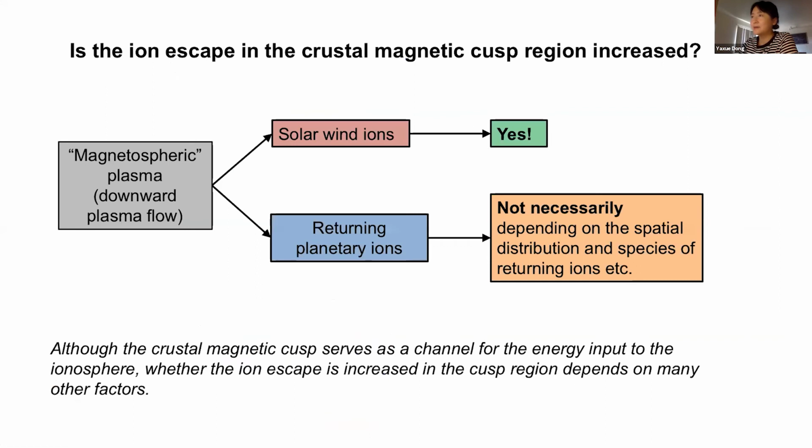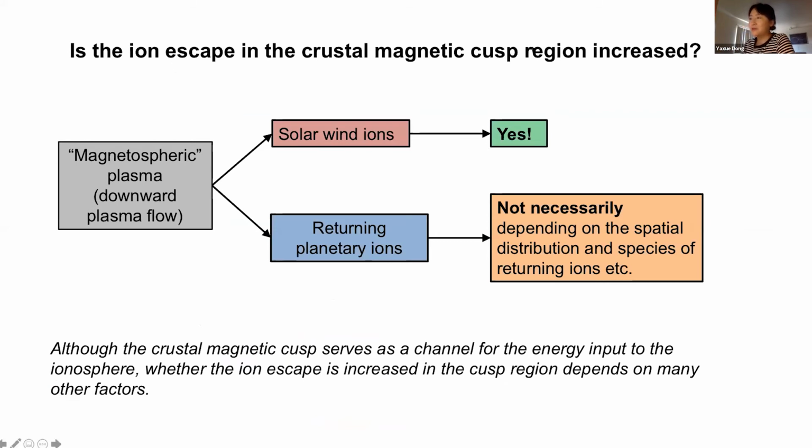And I think the question everyone here is mostly interested in is: is the ion escape in the crustal magnetic cusp region increased? So this really depends on what exactly this magnetospheric plasma is. In the model, we call this magnetospheric plasma, but the model itself doesn't really care about the source or the origin of this downward plasma flow, as long as it is a downward plasma flow.